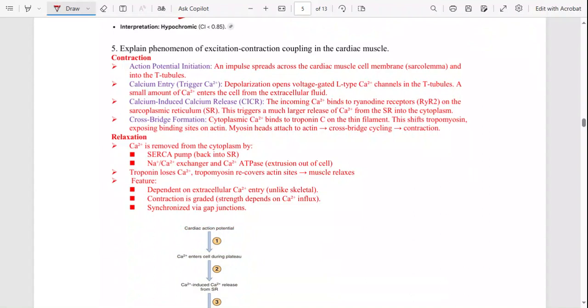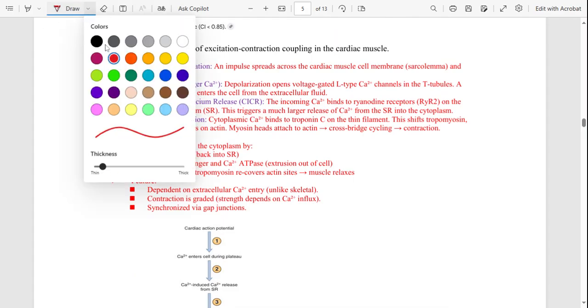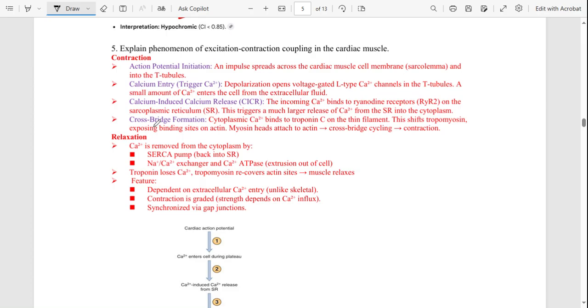Number 5 is saying explain the phenomenon of excitation contraction coupling in cardiac muscles. So in other words, what's the mechanism of contraction in a cardiac muscle? Now, contraction all starts with what we call an action potential. So when you have got a muscle, you have got this region here, we call this a T tubule.